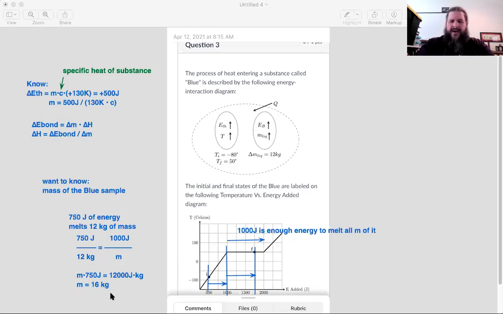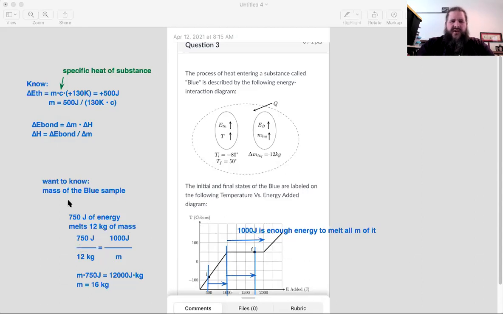So that means the total mass would be 16 kilograms. You could also think of it, if you go back to the idea of proportions, you could say this energy that we're actually applying is 3/4 of the total change. Because if you look at this just in terms of tick marks, you got 1, 2, 3 out of 1, 2, 3, 4. So we're adding 3/4 of the amount of energy.